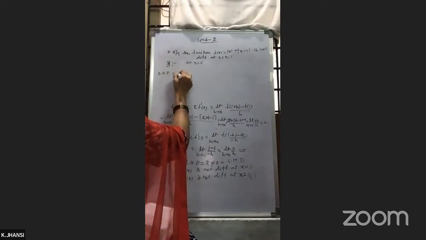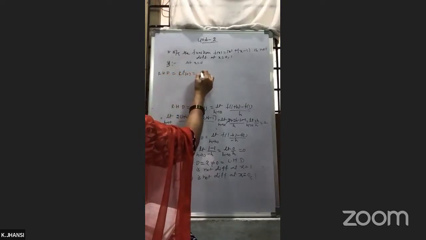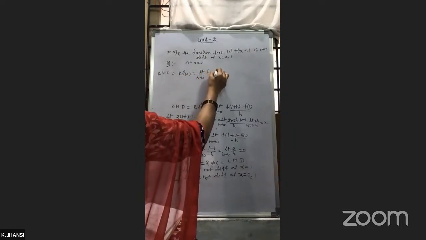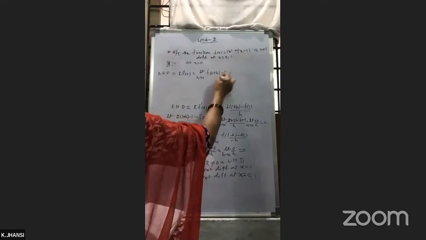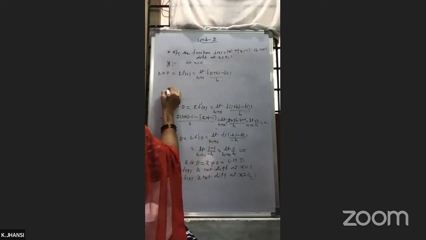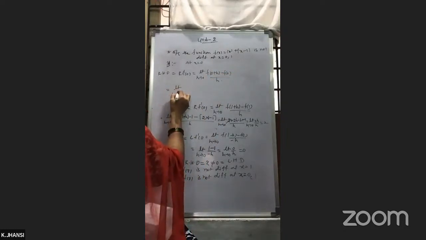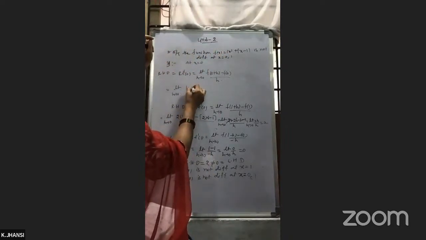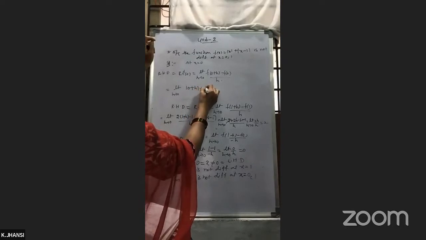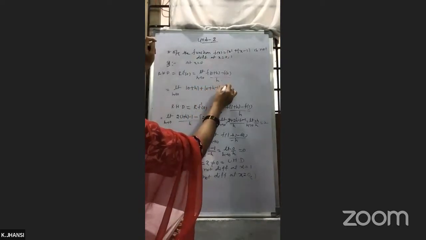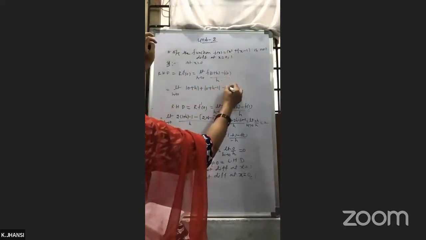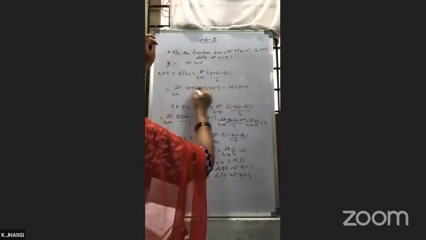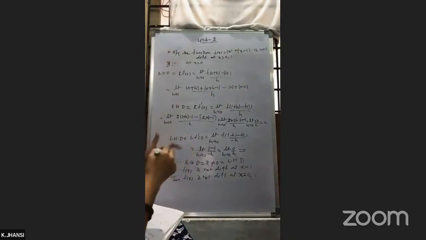It is R f dash of 0 equals limit h tends to 0, f of 0 plus h minus f of 0 by h. So what is our function? Limit h tends to 0, modulus of 0 plus h plus 0 plus h minus 1 minus f of 0, which means 0 plus 0 minus 1, by h.